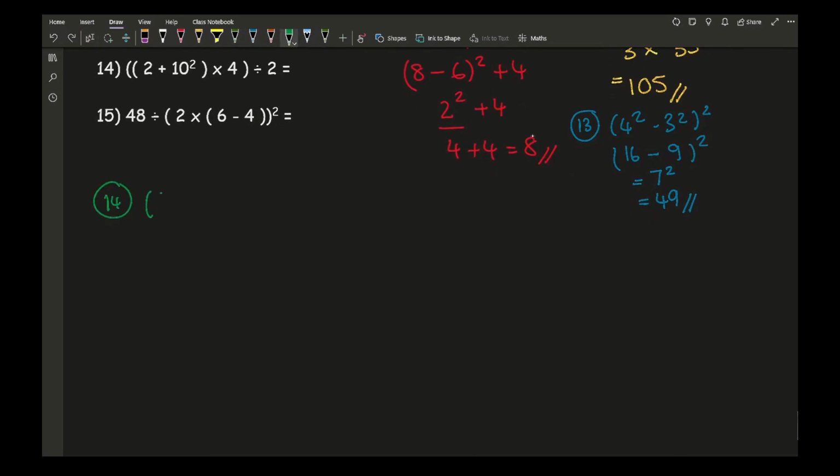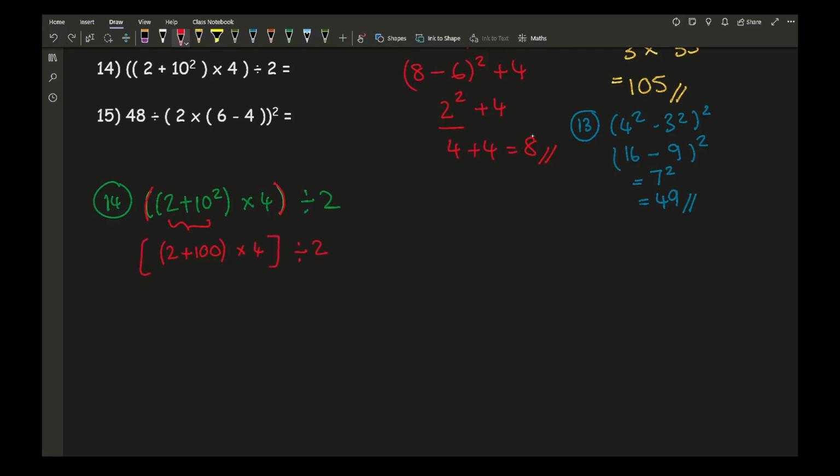so with question 14, I've got bracket, bracket, 2 plus 10 squared, close bracket, times 4 divided by 2. Now here we've got a bracket within a bracket. So looking at the first bracket, which I'm just going to highlight in red, and inside that I've got this bracket here. So I need to do this first. Now here in this bracket I've got a power. So here I'm going to write this as 2 plus 100 times 4 divided by 2.